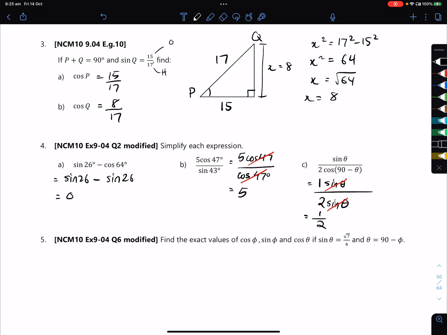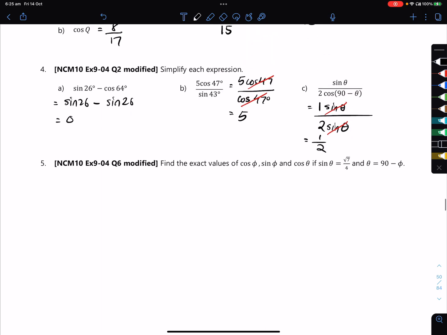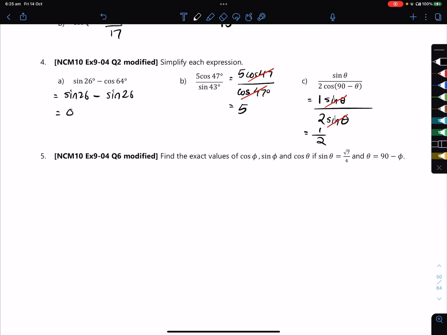For question 5, it says find exact values of cosine phi, sine phi, and cosine theta if sine theta equals root 7 over 4 and theta is 90 minus phi. Basically, if sine of theta equals root 7 over 4, we can draw a triangle for that.